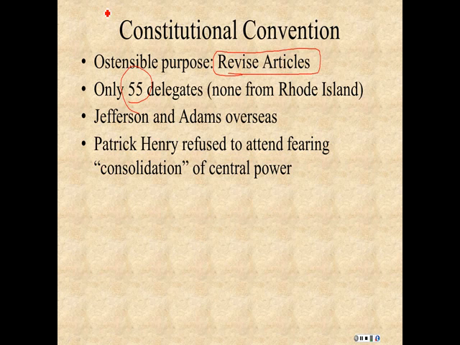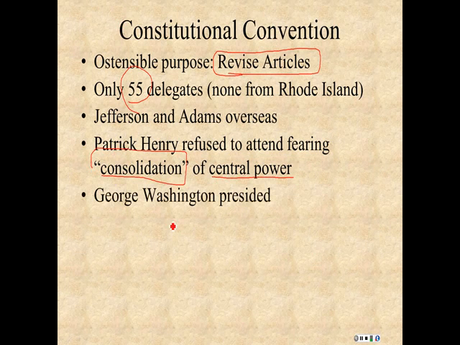And of course, that was way back in 1765 during the Stamp Act crisis. But Henry, and many others, were very skeptical of what was going to be happening in Philadelphia in the summer of 1787. He believed that it was about consolidating the central power of the federal government at the expense of the states, and he refused to attend.